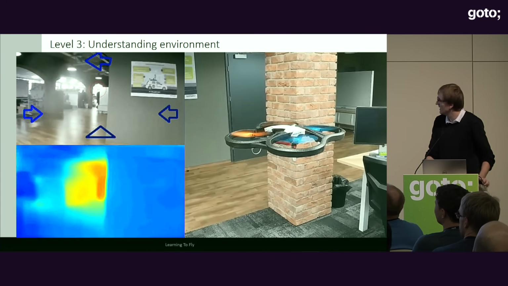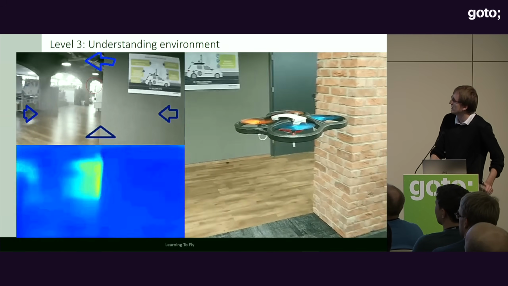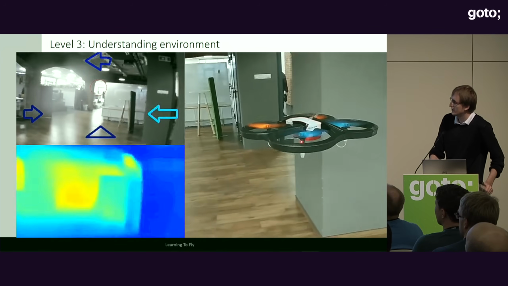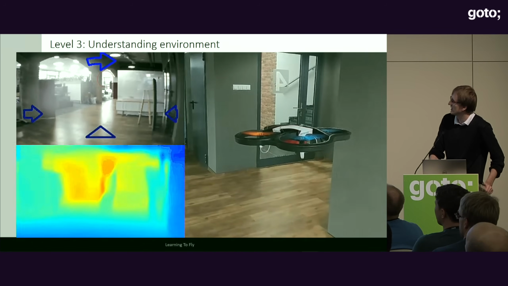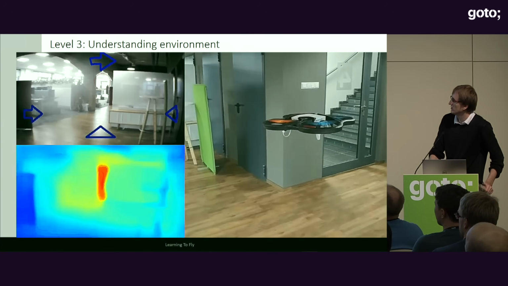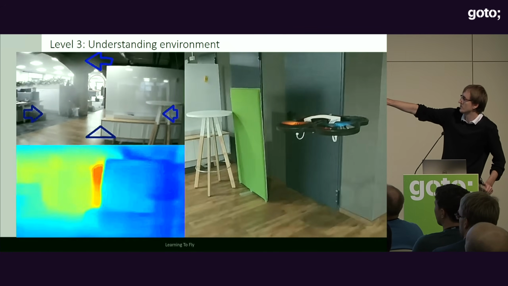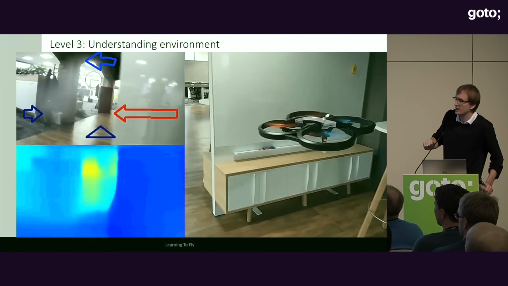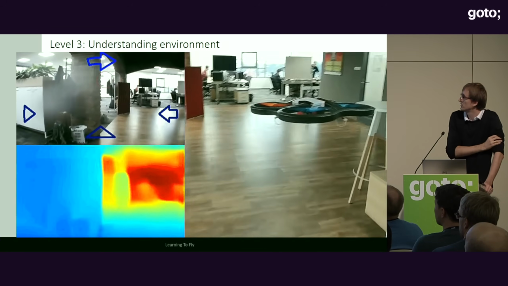Okay, on the right side, you can see our drone flying. On the left bottom, you can see our artificial brain showing us the depth maps. And depending on if the blue color emerges, then the arrow shows that action needs to be taken to actually omit the obstacle.